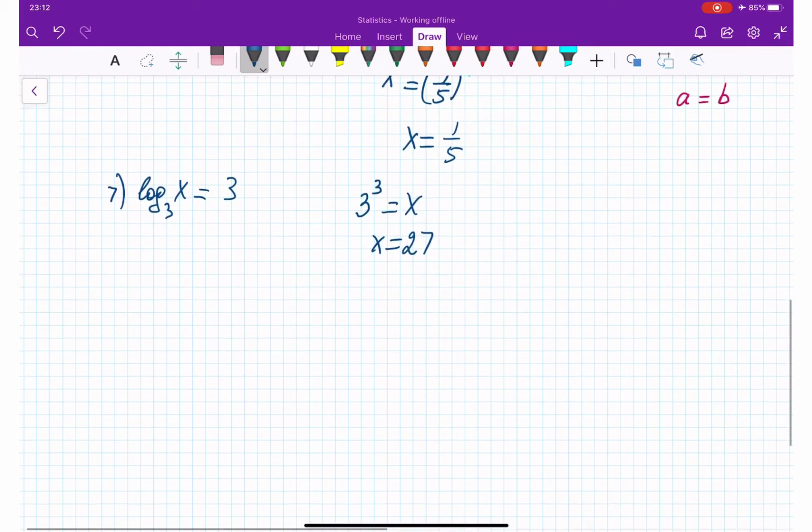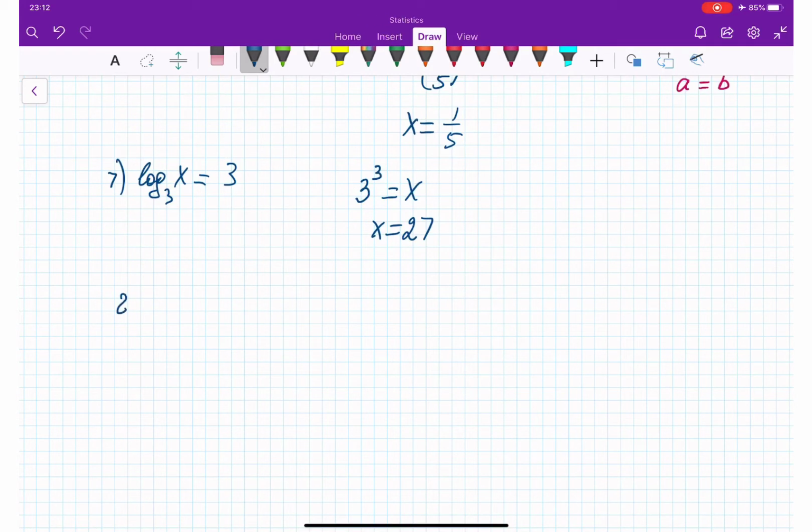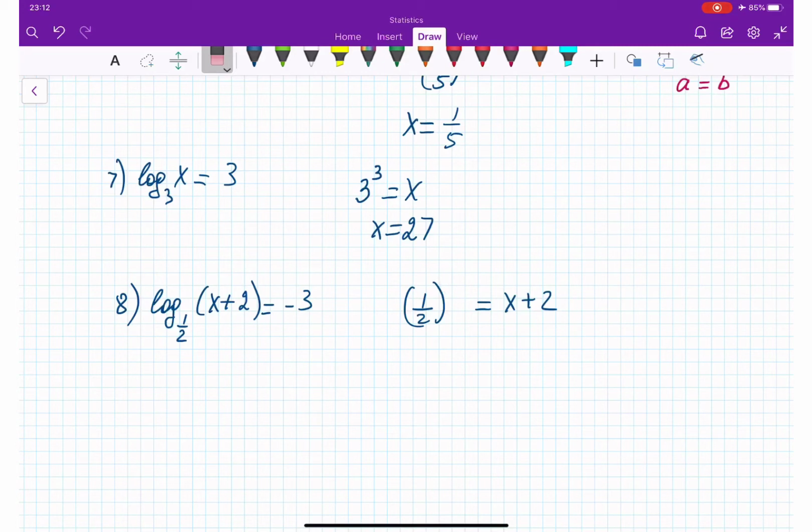Next, question number 8. So logarithm of x plus 2 by base 1/2 is equal to negative 3. Okay, that is equal to 1/2 to the power negative 3 is equal to x plus 2, right? Let me write down this negative 3 more clearly.